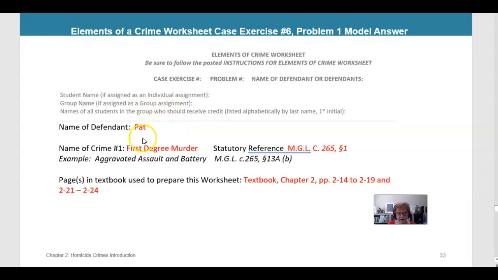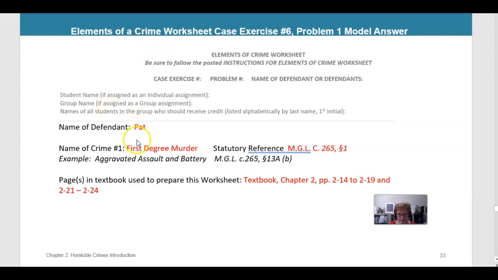Anything that's in red is the information that I added. Again, the blank elements of a crime worksheet is right in your case exercise assignment for case exercises 14, 15, 17, and 18.